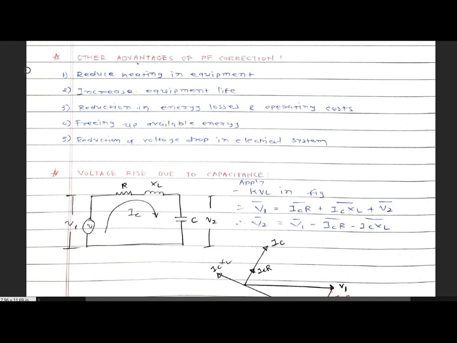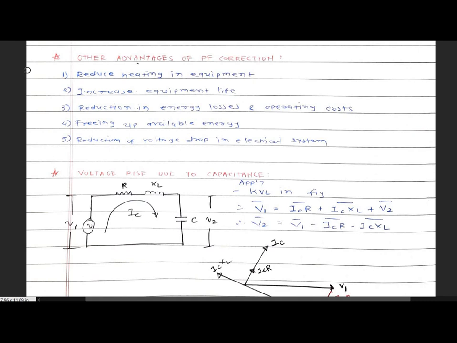Now other advantages of the power factor correction are, first one is reducing the heating in the equipment due to improved power factor. Second one is the increased equipment life. Third one is the reduction in the energy losses and the operating cost.